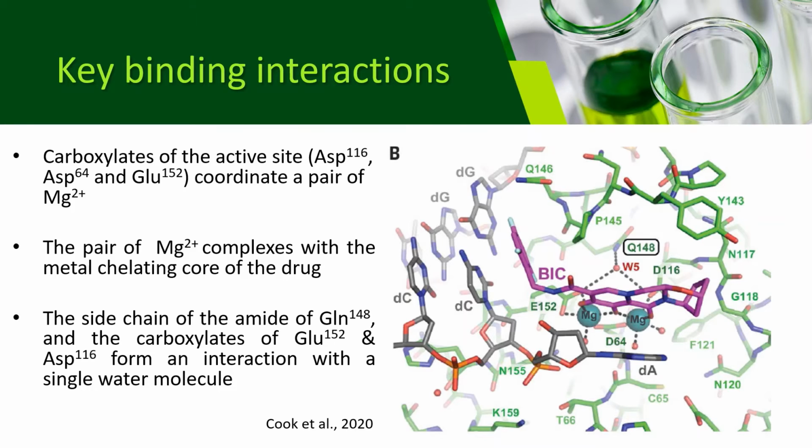This pair go on to complex with a metal chelating core on the drug, and another interaction that happens is the binding of the glutamine 148 side chain to the water molecule together with glutamate 152 and aspartate 116. More details will be shown in the Mol* browser presented in the next slide.